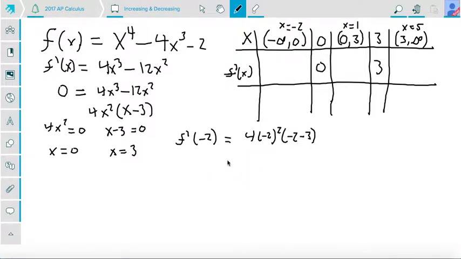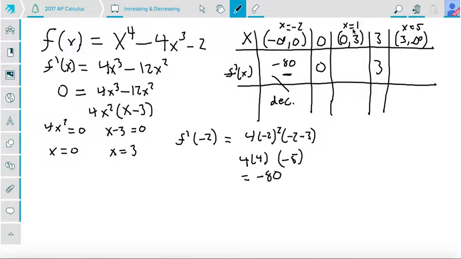So this will leave us with 4 times 4 times negative 5, which will give us a value of negative 80. So we know that this interval here is going to be decreasing since it's a negative value. So this is negative 80, negative, decreasing.